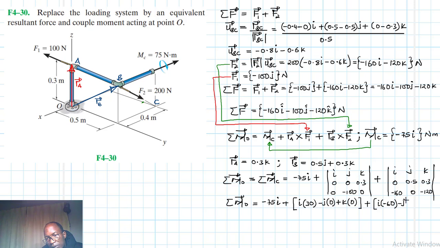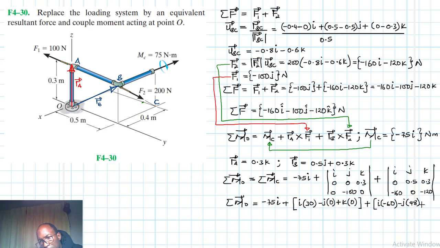Minus J, minus 120, then minus, that's a plus, 160 by 0.3, that's 48, right? Yes, this is 48.